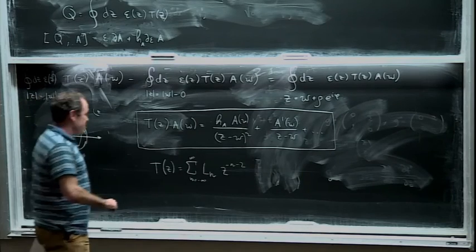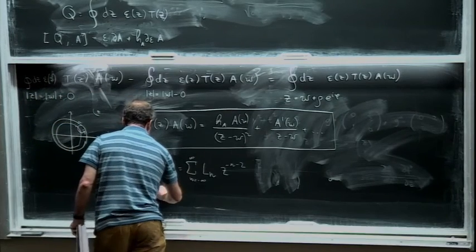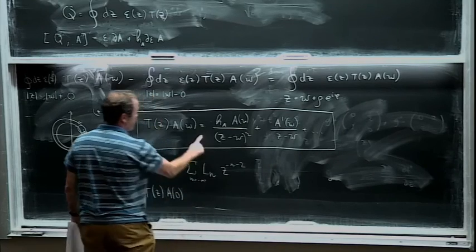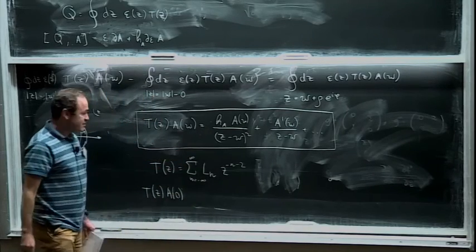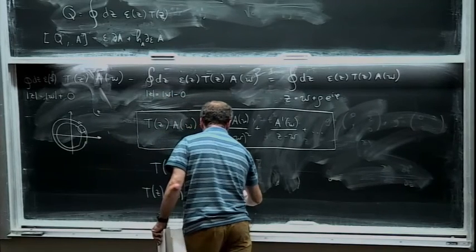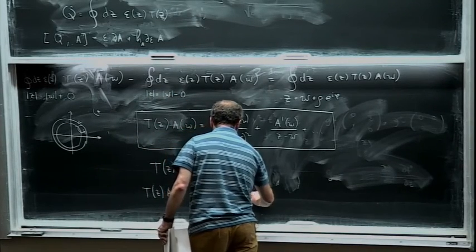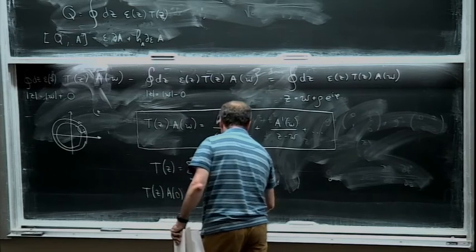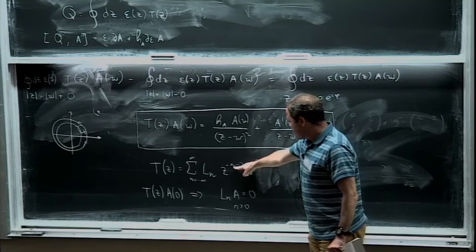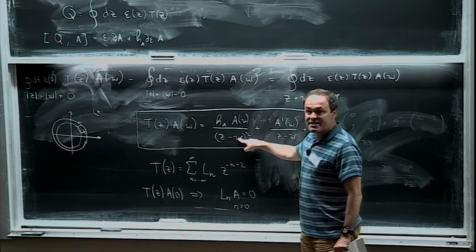And now look, by analyzing how T of z behaves in the vicinity of A of 0, by applying this formula with w being 0, we see right away that first of all L_n's acting on A, if n is greater than 0, all such L_n's must be 0. Because if they were not 0, there would have been terms which would have been more singular than (z minus w) squared.